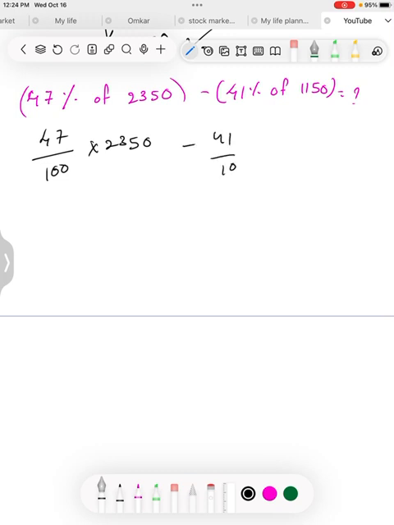You can just cancel it. 5 table. So it comes with 2. So in this way you can just directly do it.